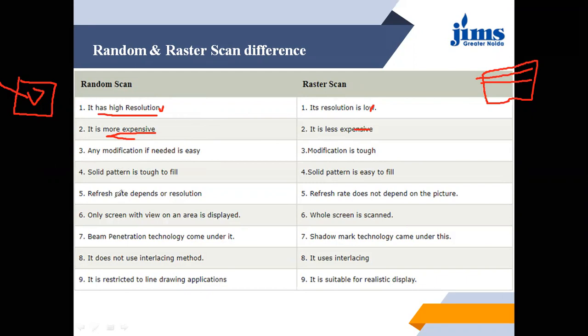In random scan, refresh rate depends on the resolution. Means whatever the resolution an image has, the refresh rate is based on that. Whereas it is not so in the case of raster scan. As I told you, the image is displayed line by line, so in this the whole screen is scanned. Whereas in random scan, only the part of the screen that has the image has to be scanned.